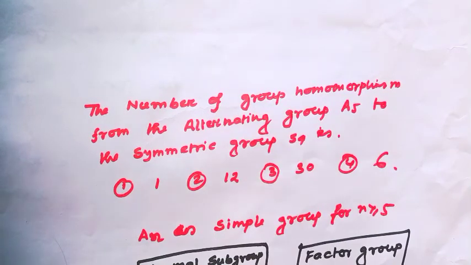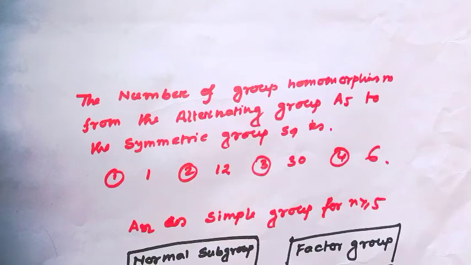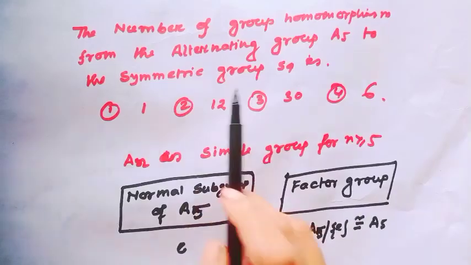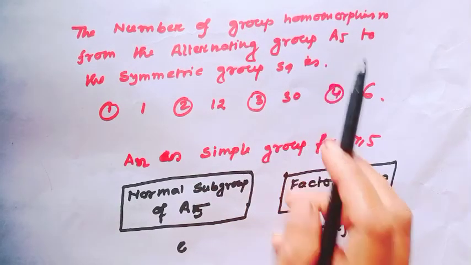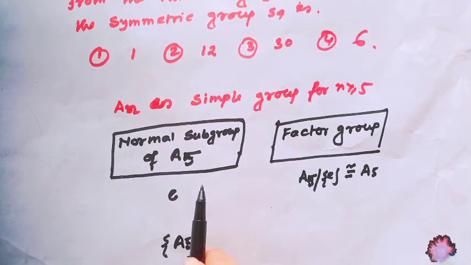Here, at first, remember, we all know An is a simple group for n greater than or equal to 5, and since A5 is given, this is also a simple group, and the normal subgroups of A5 are identity and A5 itself.